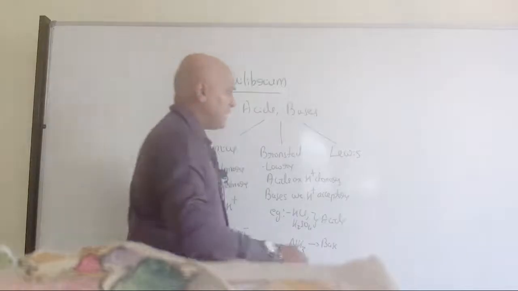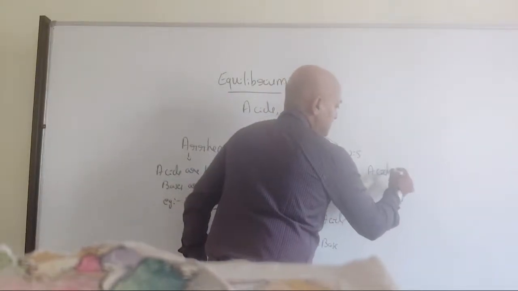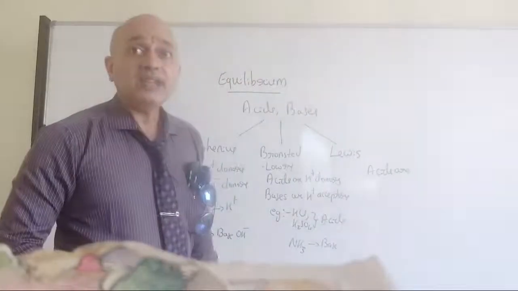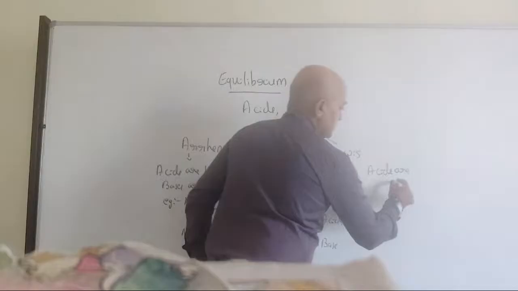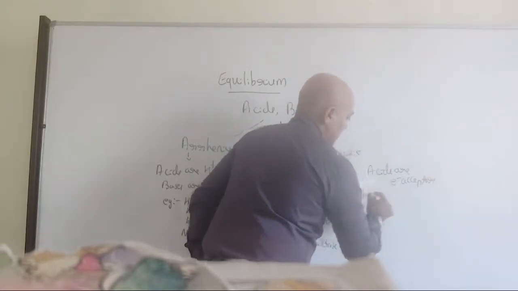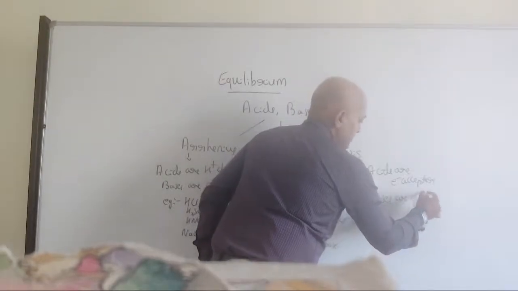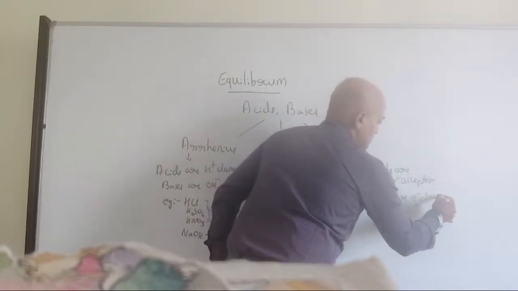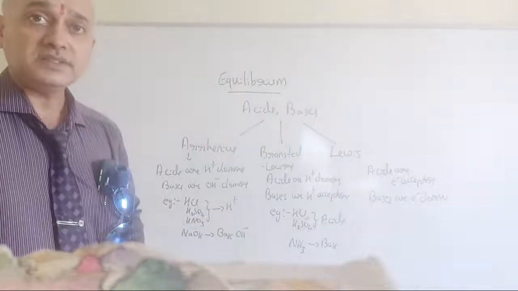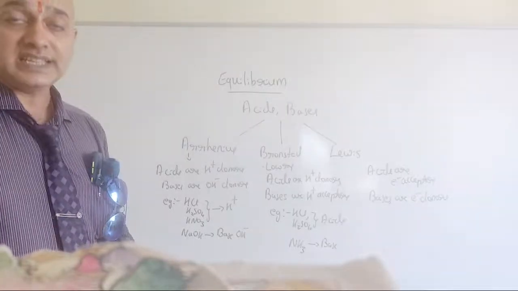For example, according to Lewis theory, acids are electron acceptors and bases are electron donors. So that's where we can talk about Lewis in a broad sense.